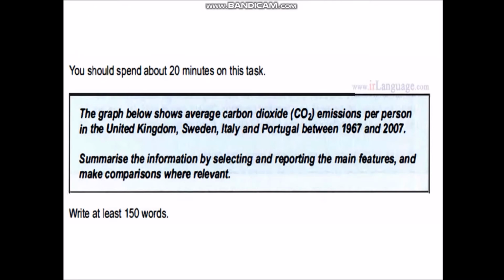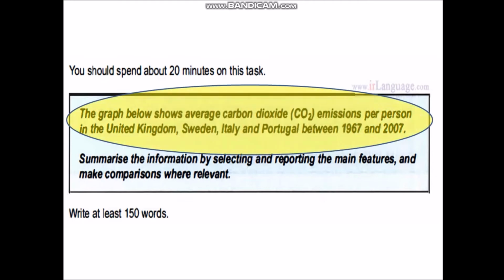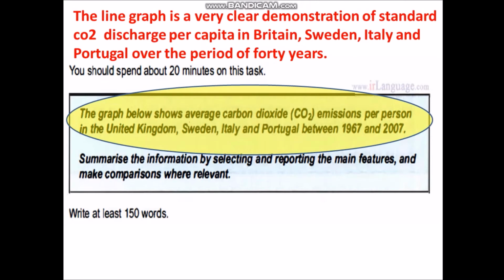To write the introduction, all you need is rephrase the question header. The question header here: the graph below shows average carbon dioxide emissions per person in the United Kingdom, Sweden, Italy, and Portugal between 1967 and 2007. I wrote, the line graph is a very clear demonstration of standard CO2 discharge.